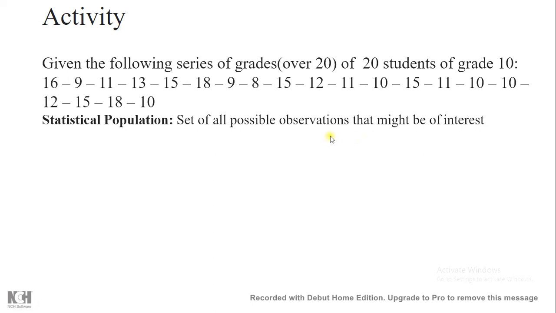The observations are the elements from where we take our data. The individual is an element of this set, each element of the statistical population.